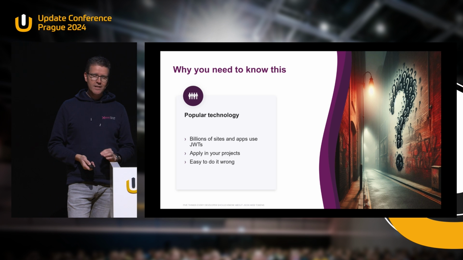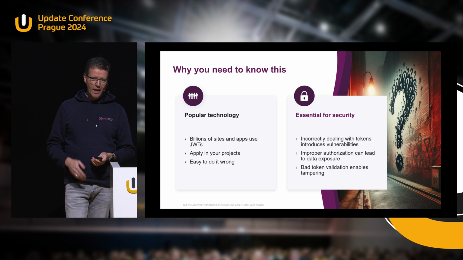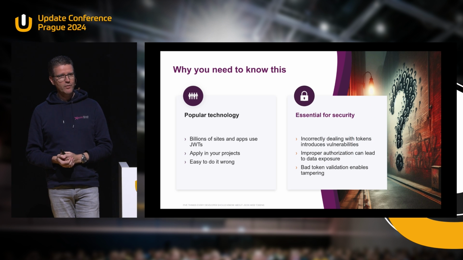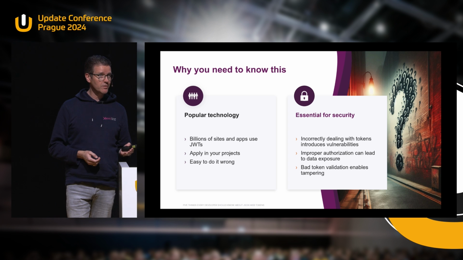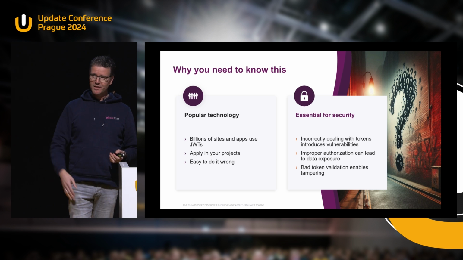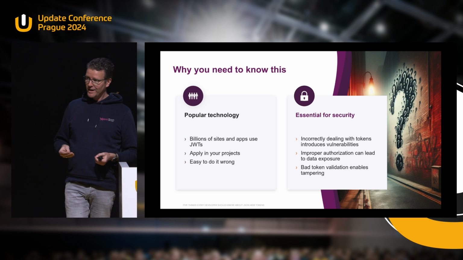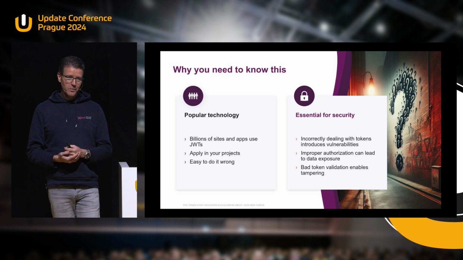And the downside is it's kind of complicated, so it's easy to do it wrong. And of course, if you do security wrong, then you open up the door for all kinds of bad things. For example, if you don't do access control right, people can access information they do not own. And if you do not do validation right, anyone can send tokens to your app and just access any data.